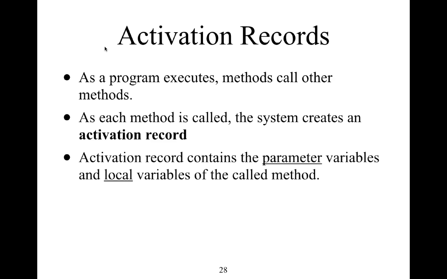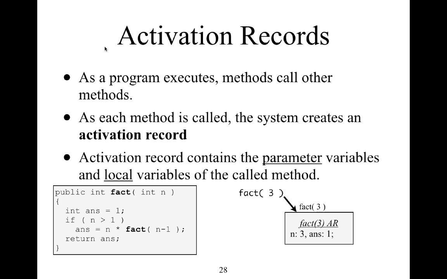Activation records contain the parameter variables that are passed to the method on that particular call and the local variables of the called method, both of which are independent if you have recursion. For example, here's the public fact method that computes the factorial.